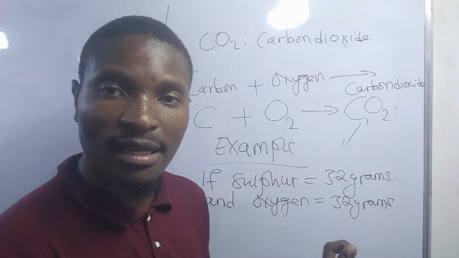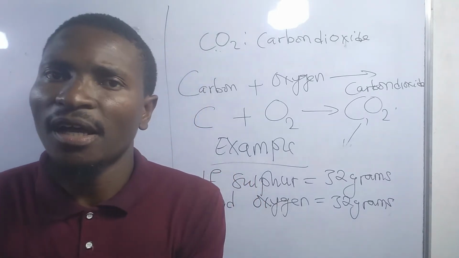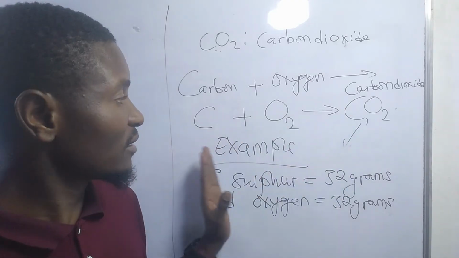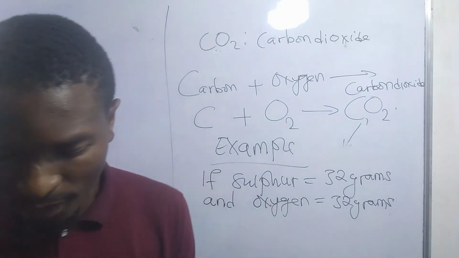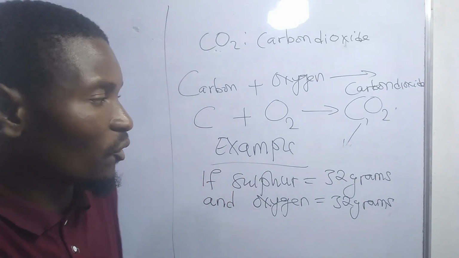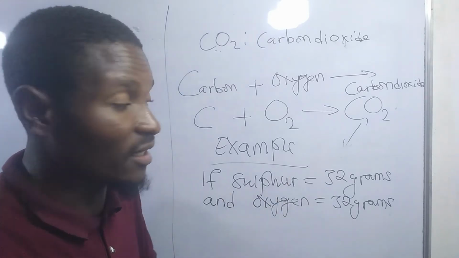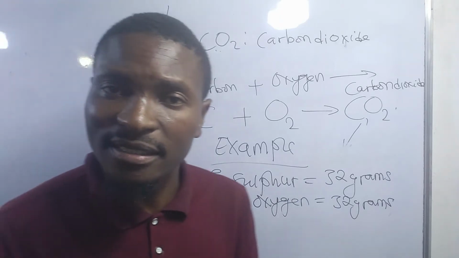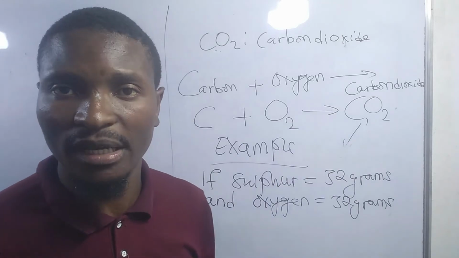Let's get a simple example. Let's say we've got sulfur and also oxygen, just like we had before with carbon and oxygen, where we saw how the combination came out. But now, what if we have been given an actual measurement of sulfur, which is 32 grams, and oxygen, which is also 32 grams? Let's see how we can come up with the formula.